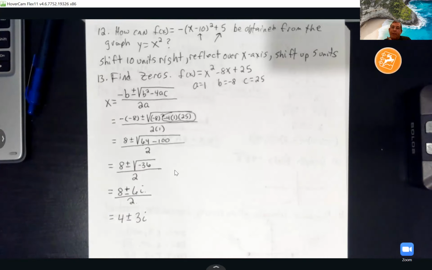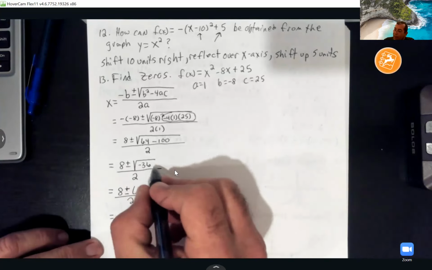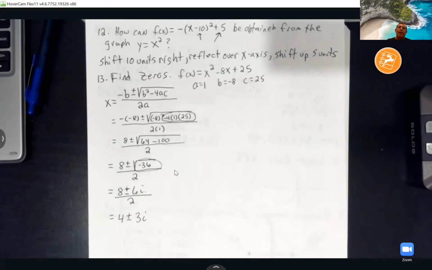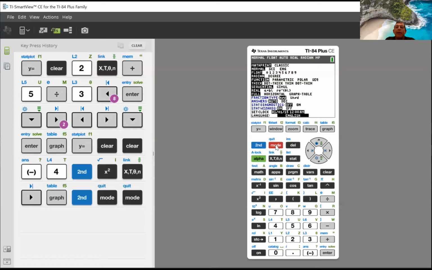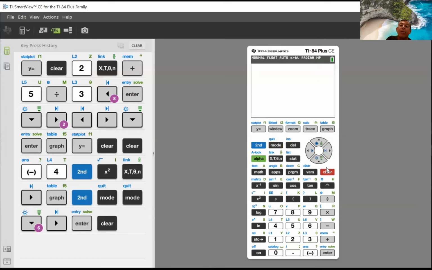Okay, y'all, so just remember that radical right there. Now, I will say this: if you wanted to check that on the calculator, you have to arrow down on the calculator on mode to where it says real, and from real, you have to put it on to a plus bi if you want the calculator to be able to do square roots of negative numbers.